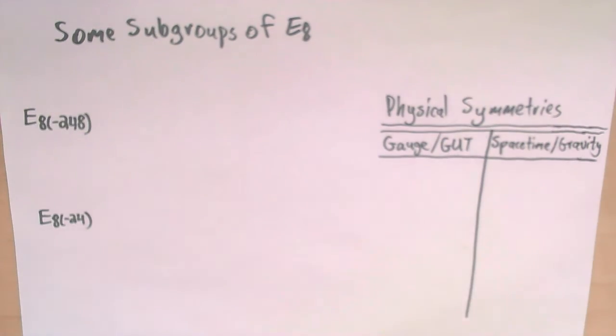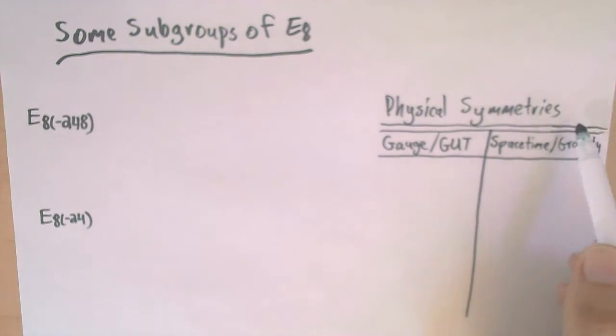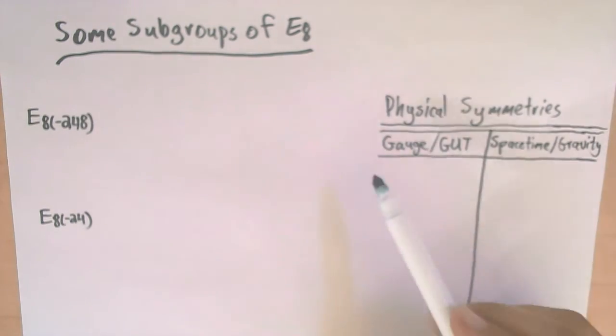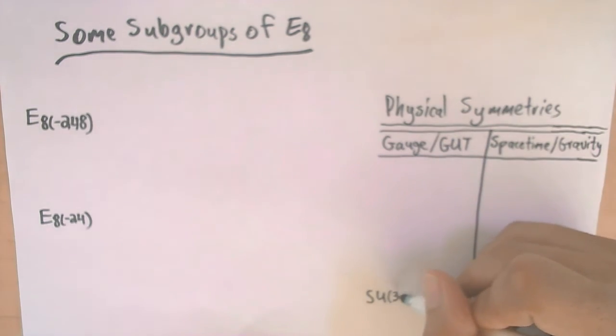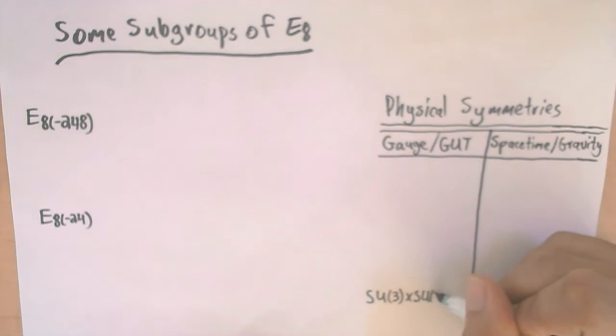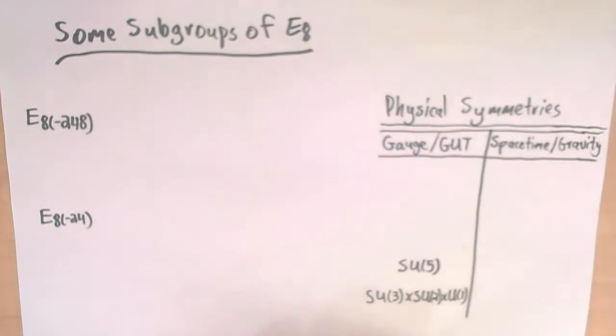Next, we're going to discuss some subgroups of E8 with applications for physical symmetries. These will include gauge groups for gauge theories and grand unified theories, as well as spacetime symmetries for theories of gravity. The standard model contains the gauge group SU(3) cross SU(2) cross U(1), while SU(5) grand unified theory was the first GUT discovered.